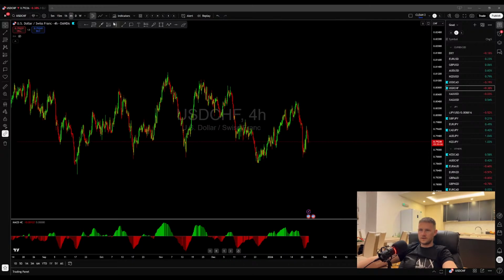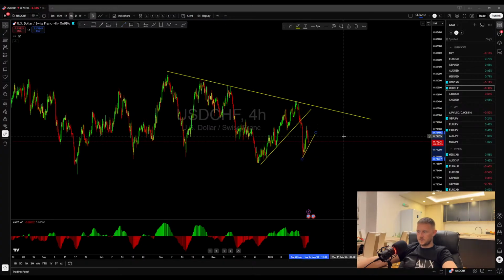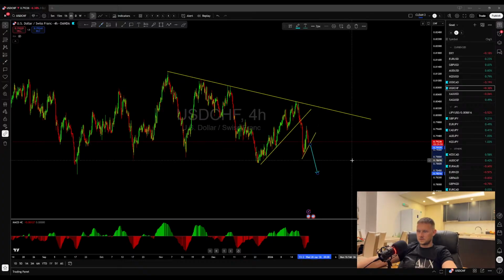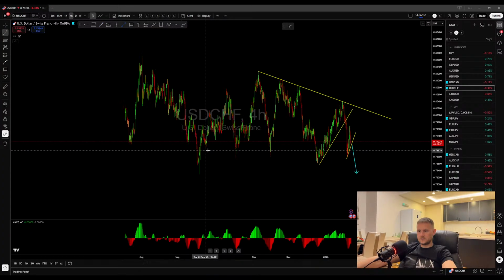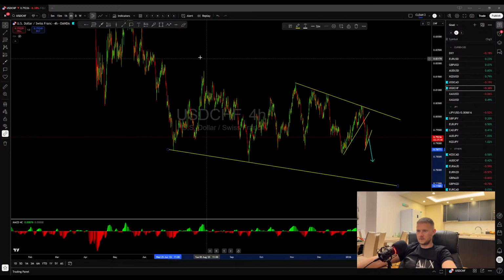USD CHF, same there. This is the pullback. There's another pullback, and these go downside. How far? At least back to this low, I think. Very good movement can happen over there.